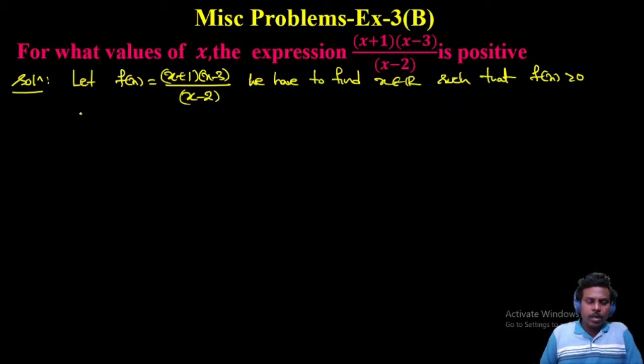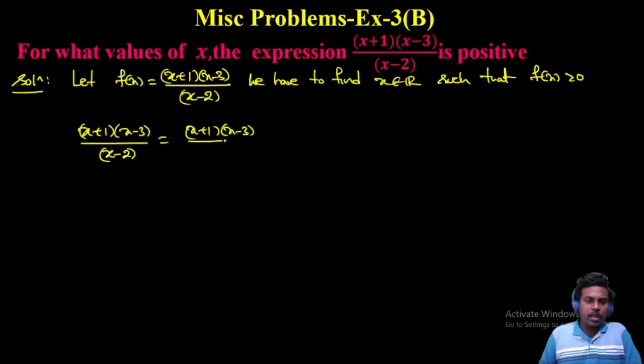Now I'll do a small modification for this expression. I am writing (x plus 1) into (x minus 3) divided by (x minus 2) as it is, and I'll multiply and divide both numerator and denominator by x minus 2.